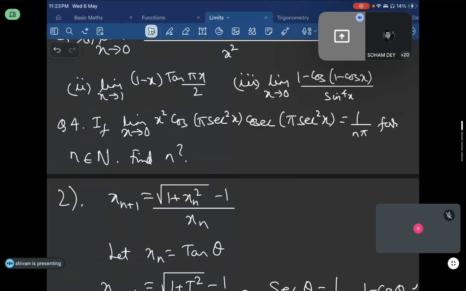So simplify this a little bit. Think about what is cos of pi sec square x. You'll get the result.